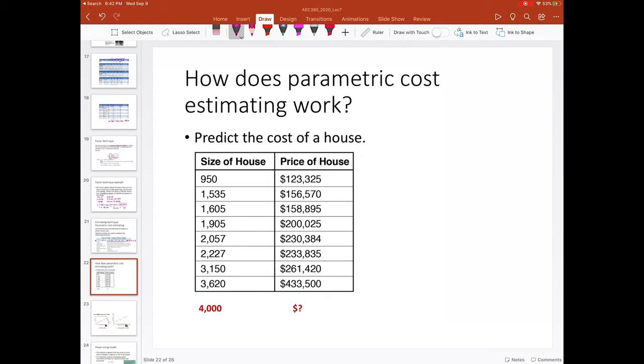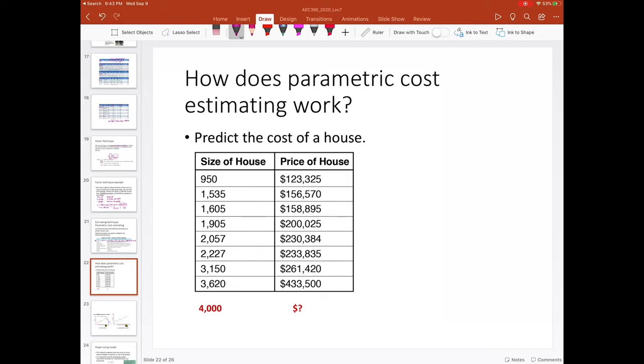And the type of the house, right? But here, to present this idea, we just use one variable. We say, okay, the major variable to determine the house price is going to be the size. The bigger, the more expensive, right?